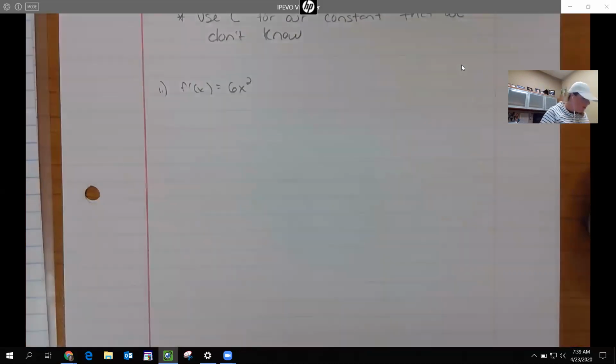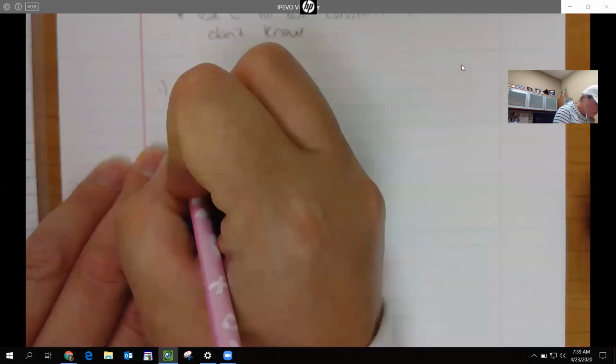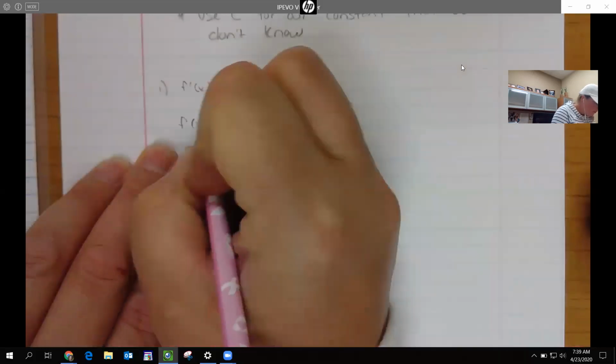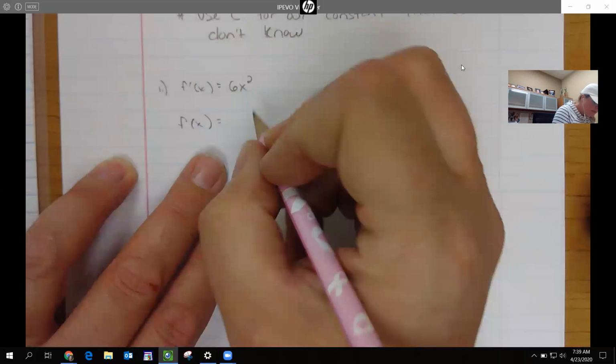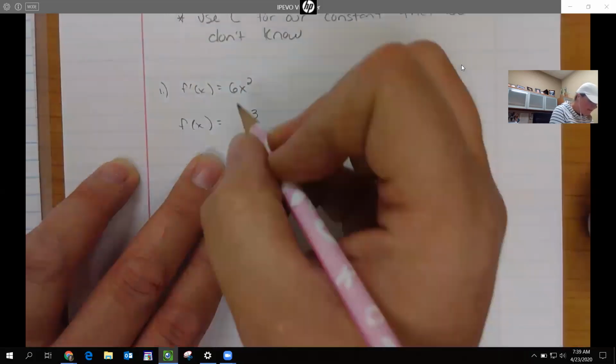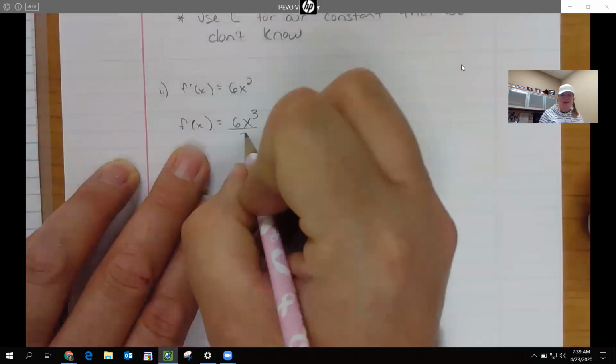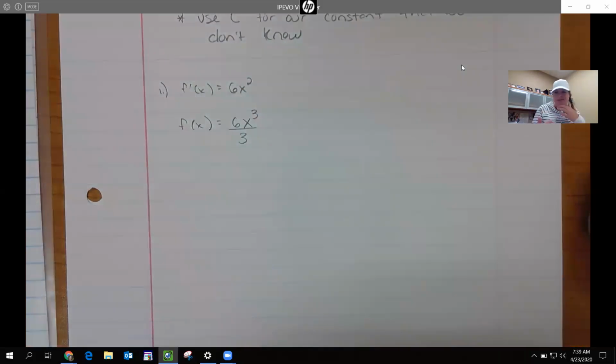So when we go to do the antiderivative, we know this is going to be plus 1 more. And we have a 6 out front right now, but we would have had to have multiplied by 3, so we have to undo it.